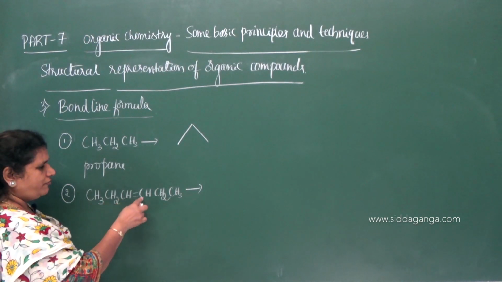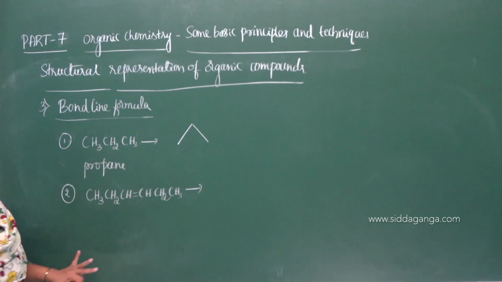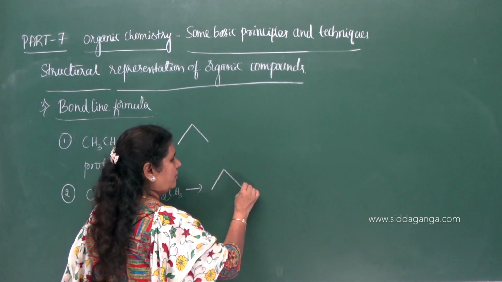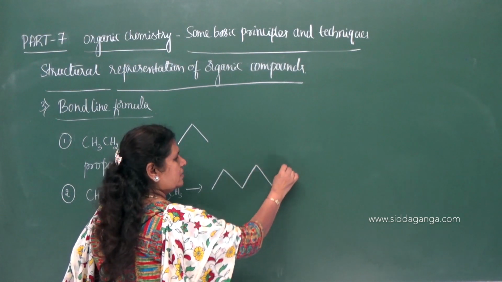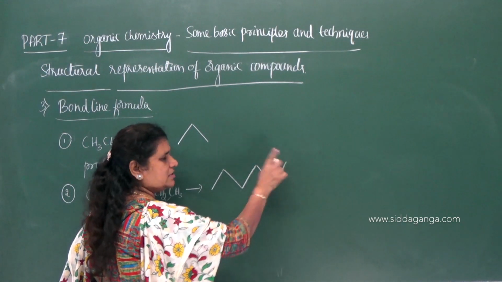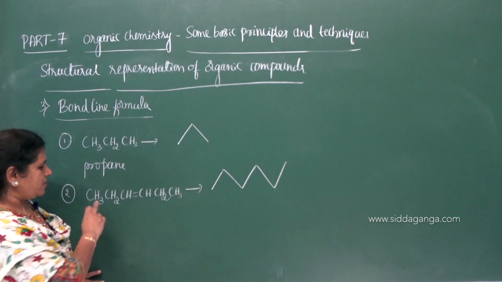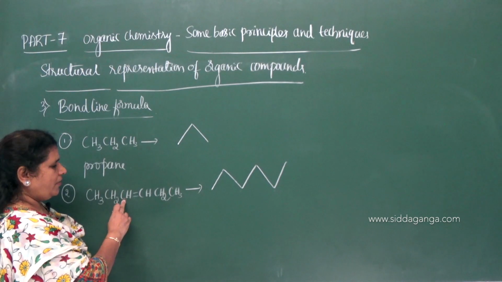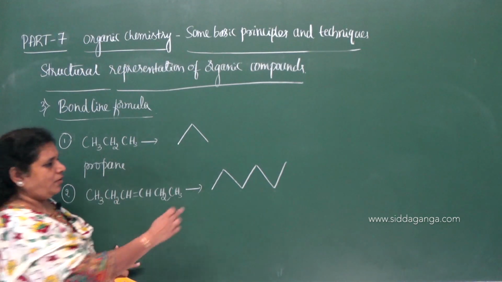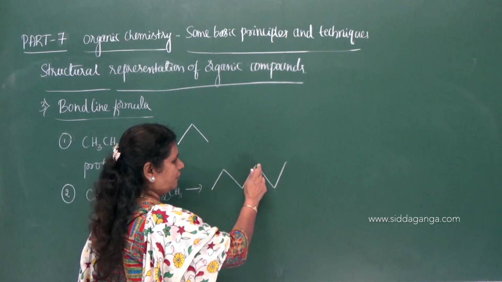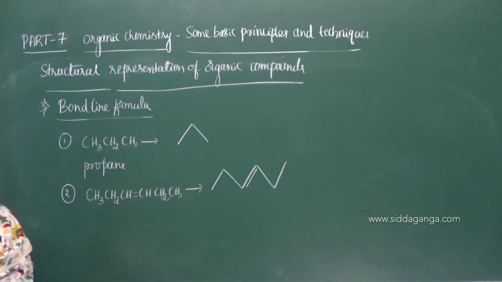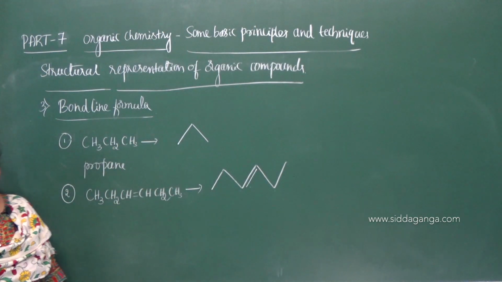There are 6 carbon atoms, 1, 2, 3, 4, 5, 6. Between the third and the fourth carbon, there is a double bond. So this is the bond line representation of the compound.